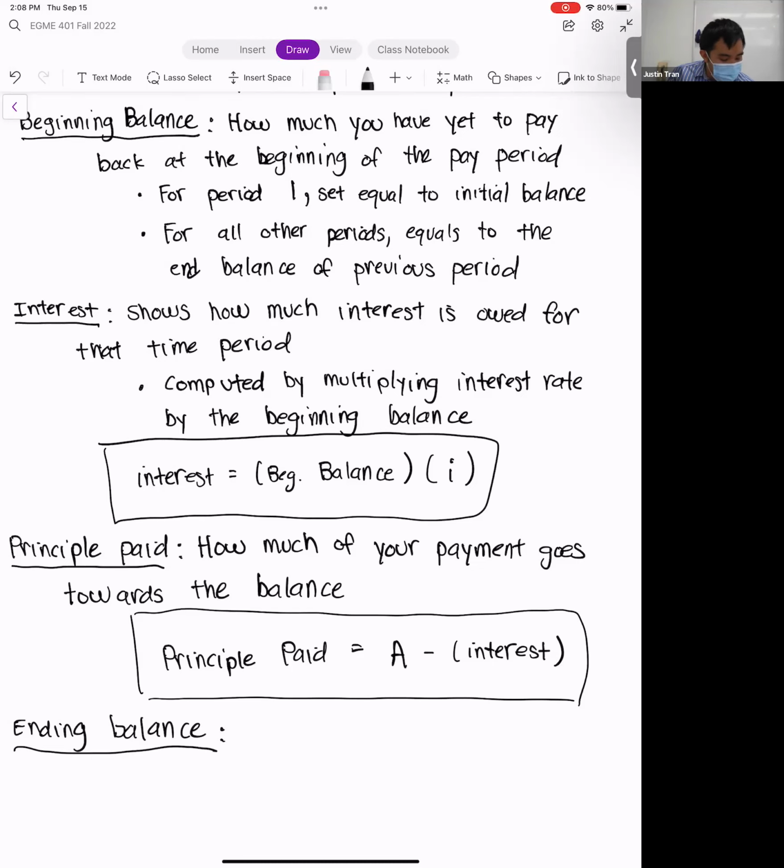And then finally, we have the ending balance. And so the ending balance is the amount left on the loan after that period. So after you paid off some of the interest, after you've paid off some of the principal, your ending balance is how much you have left.